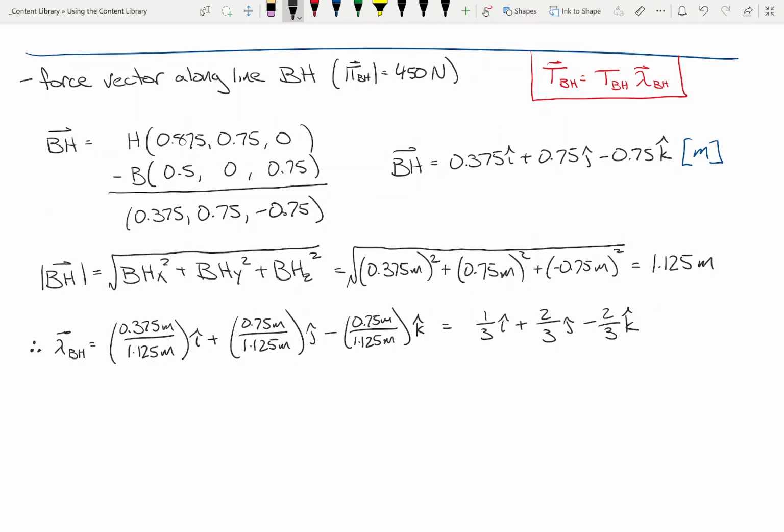So we're going to get that, right? So what do I have left to do? Multiply it by the force. Because again, this is a distance vector. This vector is unitless.